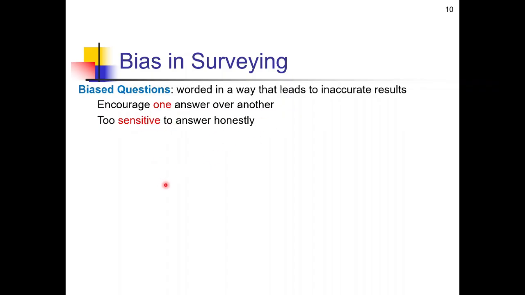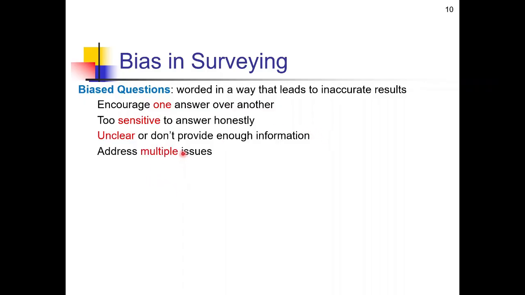Another situation that happens is sometimes the question's unclear or doesn't provide enough information. If somebody doesn't actually understand the question or have enough information to answer it, why are you asking them in the first place? And then one other situation that we might run into is if a question addresses multiple issues.